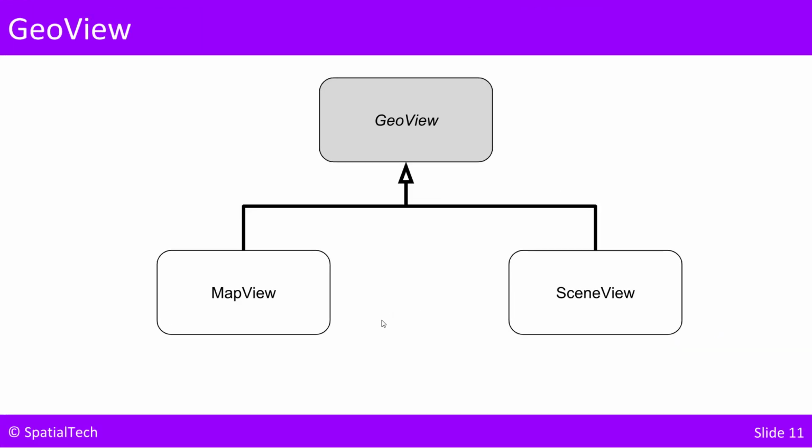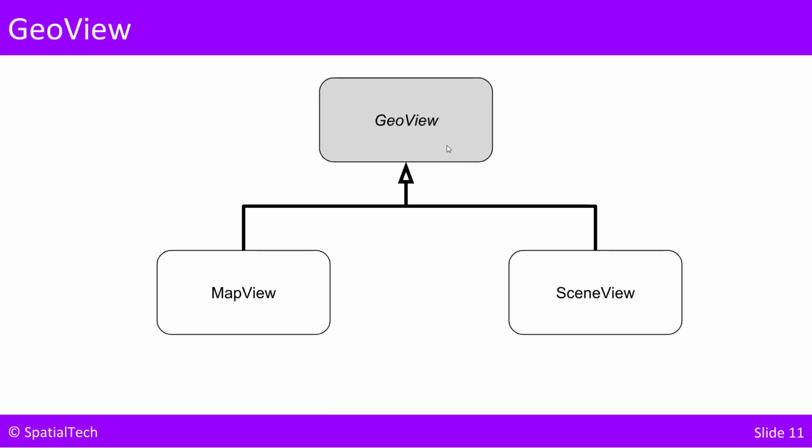So let's talk a little bit about GeoView. So what is it? Well, GeoView is a generic thing. Currently, which means there could be more, there's a map view, 2-dimensional data, and scene view, 3-dimensional data. But the idea is that both of these views inherit the identify capabilities from the GeoView. So if you're going to do an identify, it's via the GeoView. Both scene view and map view can handle that because they inherit from GeoView.